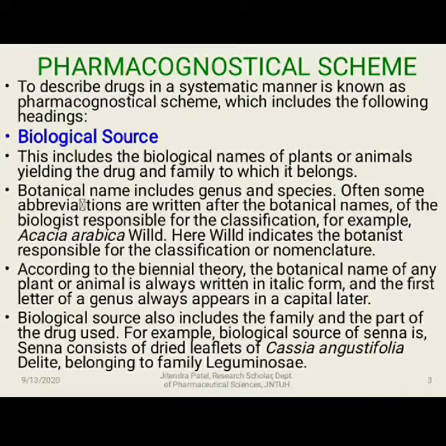The first one is the biological source, right? This includes the biological names of plants or animals yielding the drug and the family to which it belongs. Whatever part we are using, root, stem, fruit, flower, bark, latex, juice, extract, whatever part is yielding the chemical constituents as a crude drug, we need to mention.